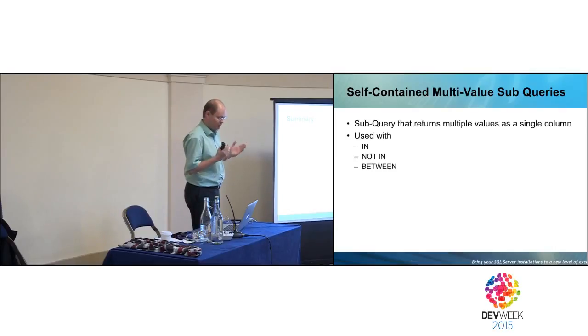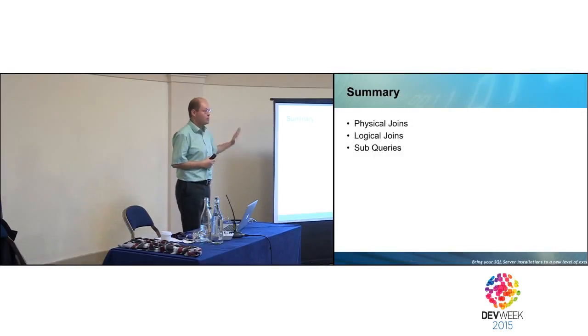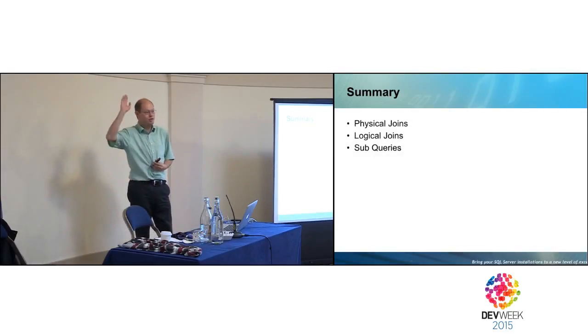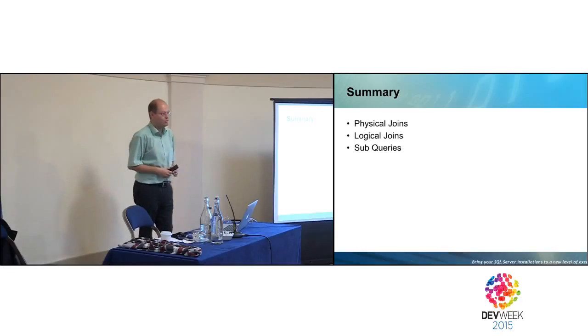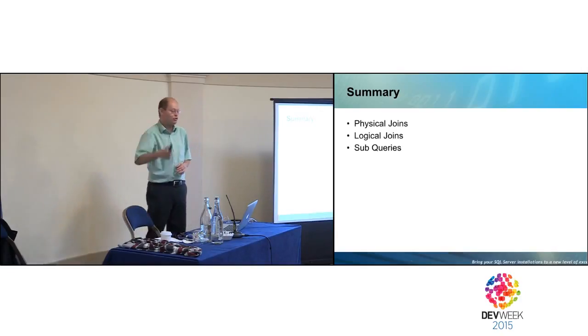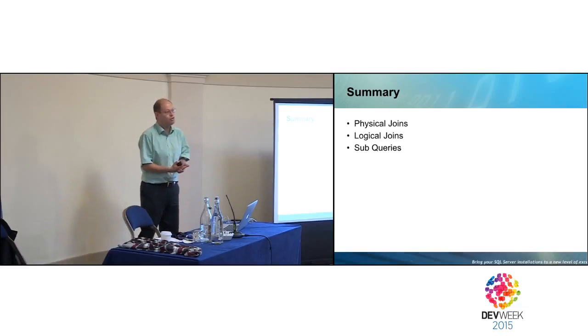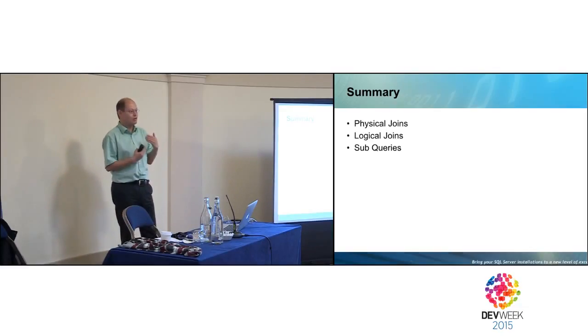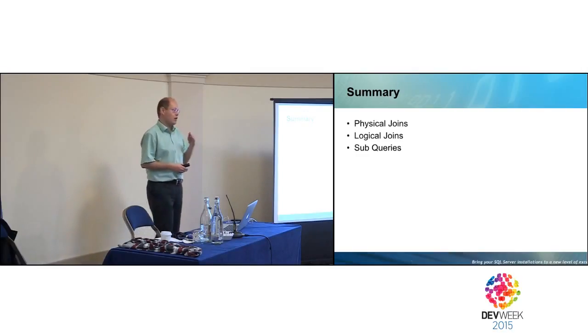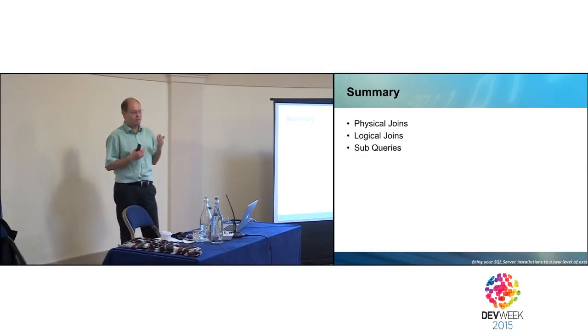Perfect. So in the first step, we have talked about the physical join operators. We have covered the nested loop operator, merge join, and hash join operator. Then we moved on to logical joins. We have covered cross join, inner join, and outer join. As I've said, on the logical level, we just specify which of the 3 logical phases we are applying.